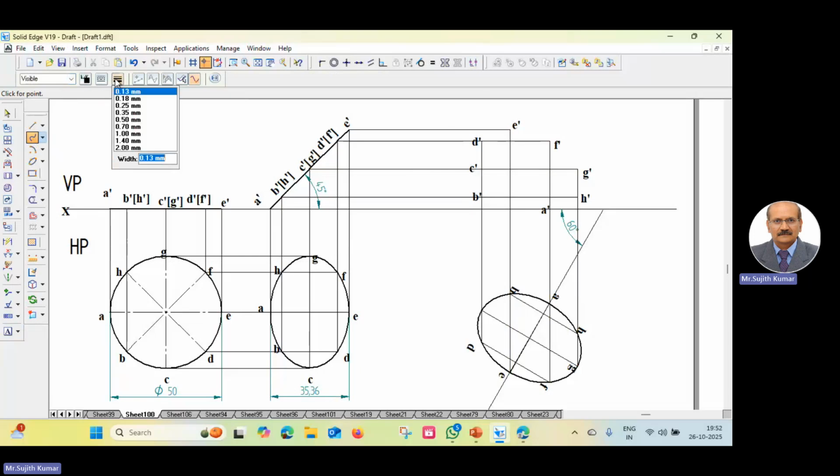Now go to the curve command. Take a line width of 0.5 mm. Then A dash, the starting point.